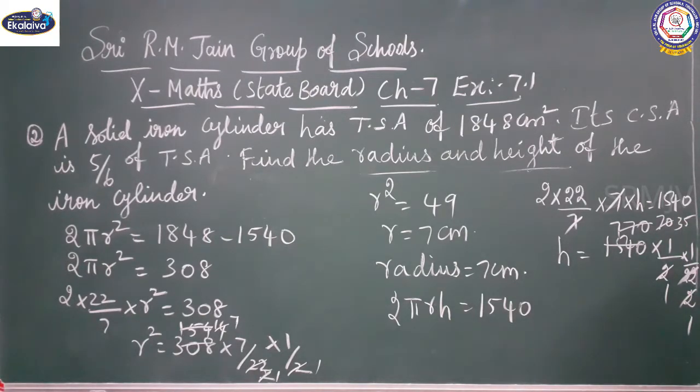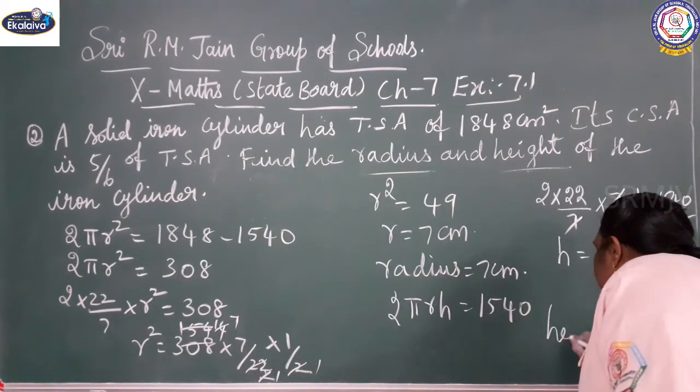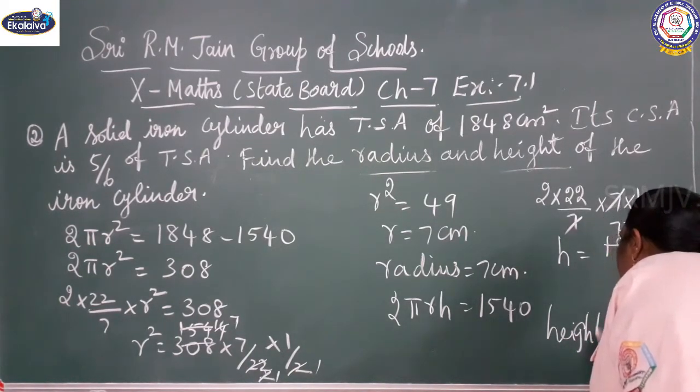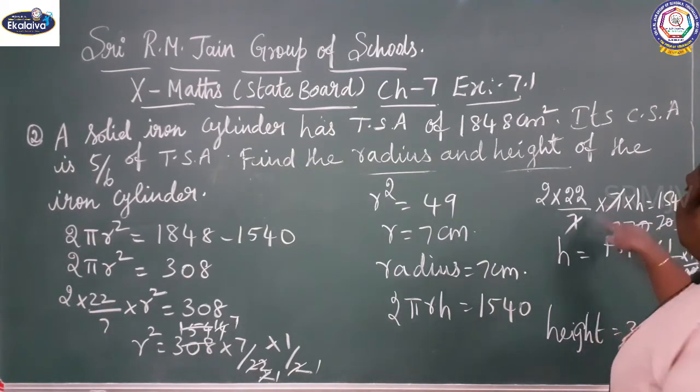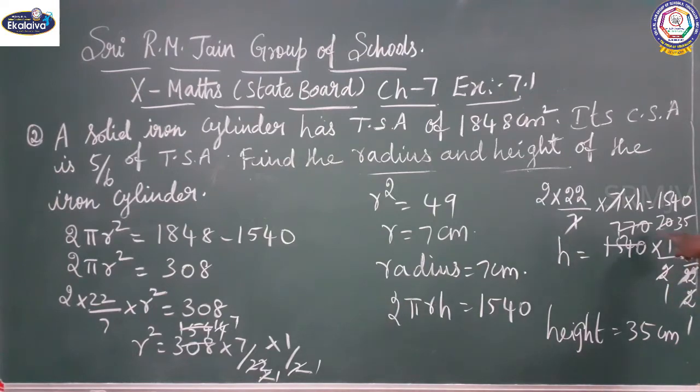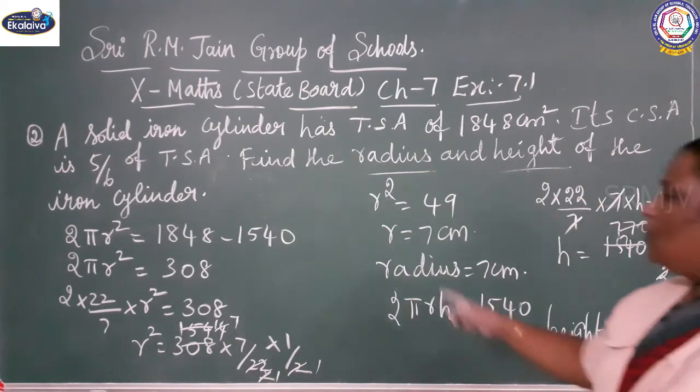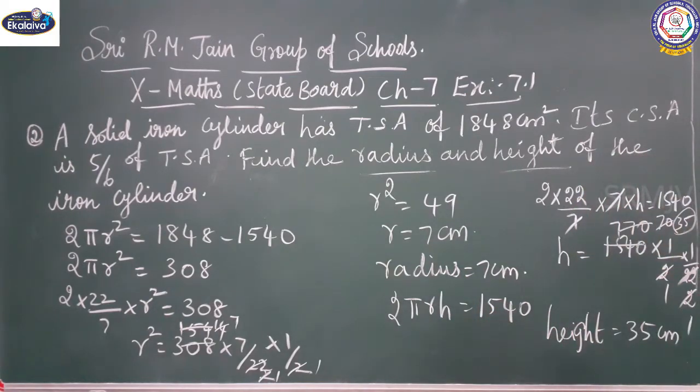So what is the value of the height? Height equal to 35 centimeter, and radius equal to 7 centimeter.